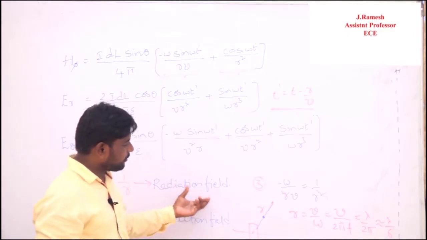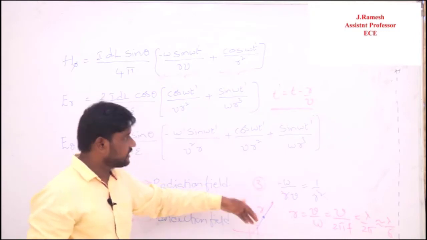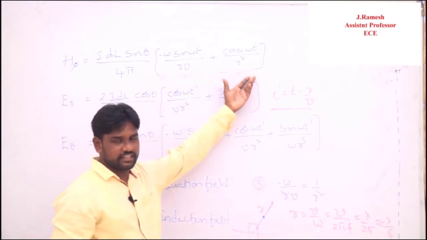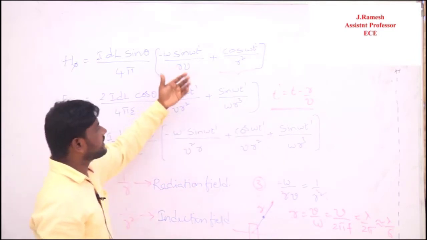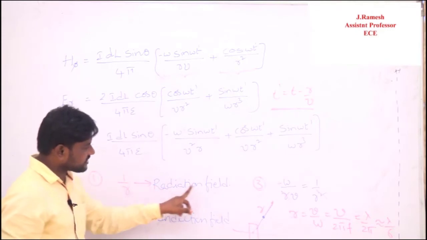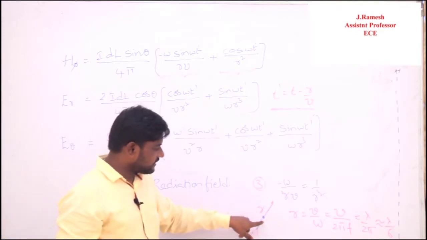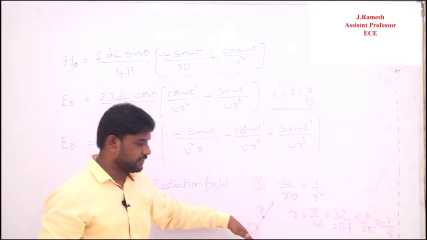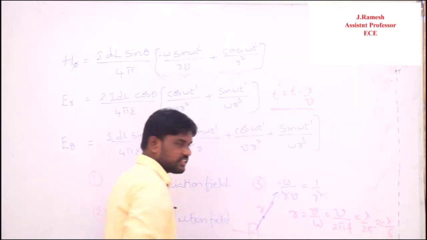That is the problem. Whenever you go to very close distances, the second term dominates. That means the energy-stored term dominates instead of the energy-radiating term. Now suppose r moves towards very far distances.